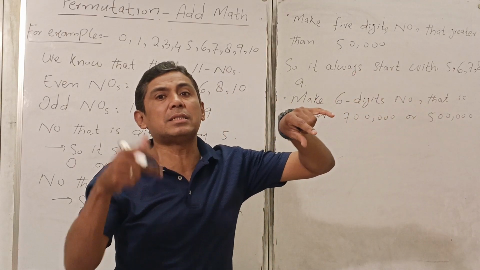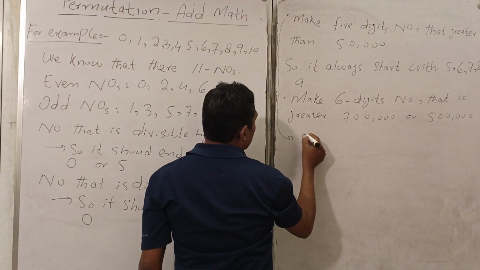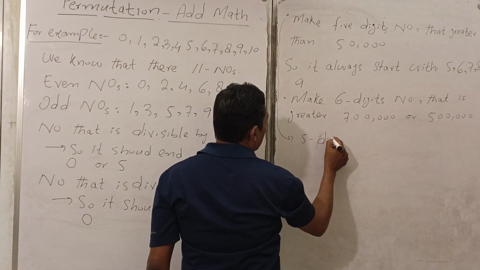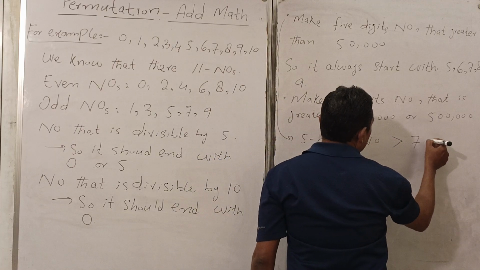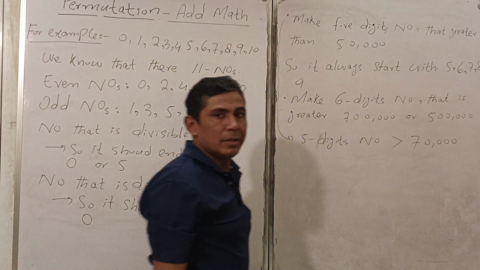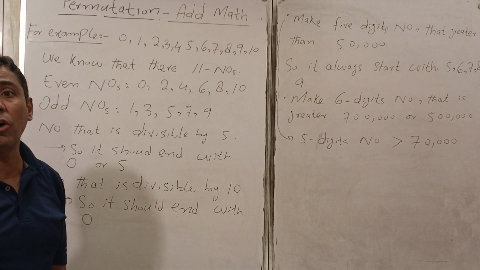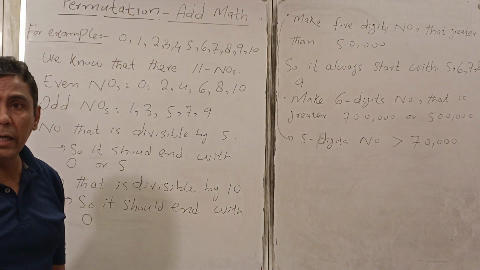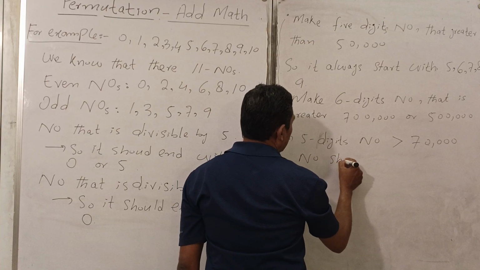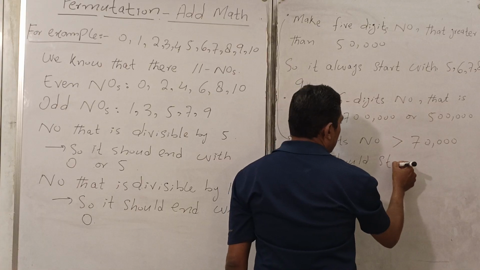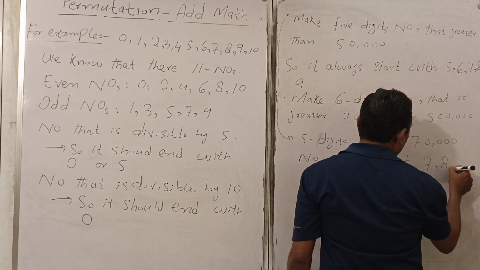If the 5-digit number is greater than 70,000, what are the possible conditions? The number should start with 7, 8, 9.